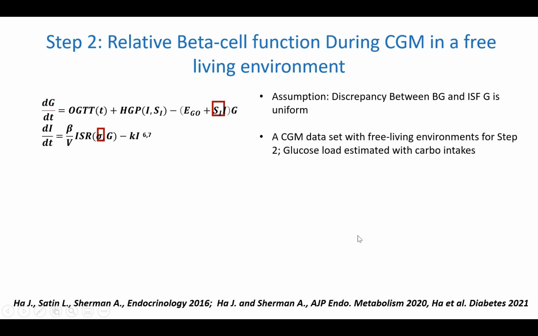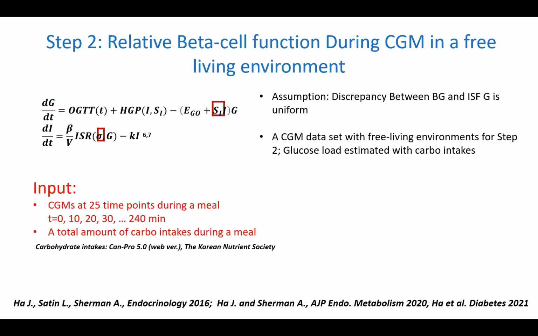So we need input data here. We're going to estimate SI and sigma again, but the input data is CGM data during the real meal, 25 time points. The CGM device collects glucose every 2 minutes or 10 minutes, so we need the data every 10 minutes up to 4 hours. We also need the total amount of carbohydrate intake during the meal.